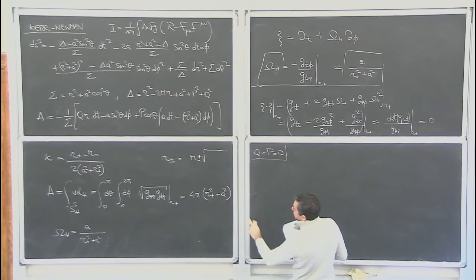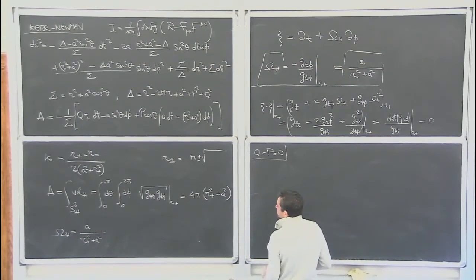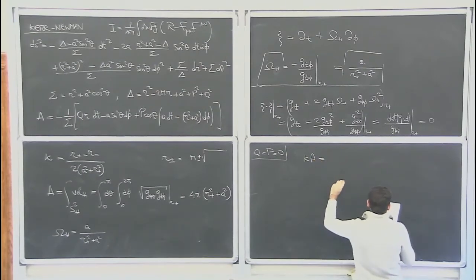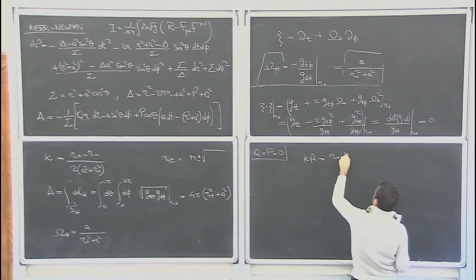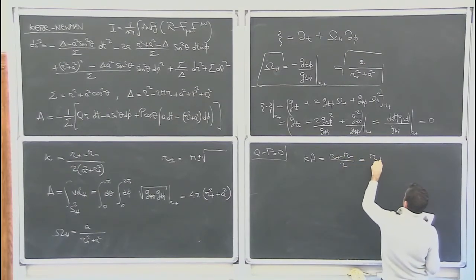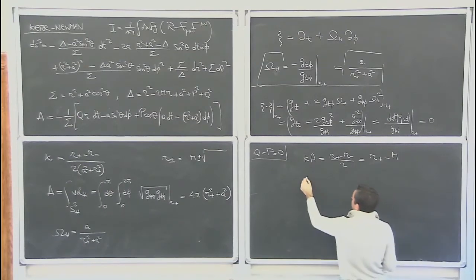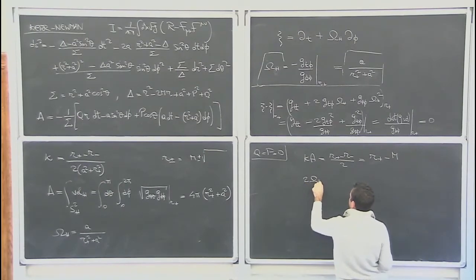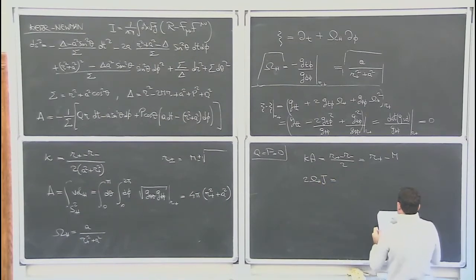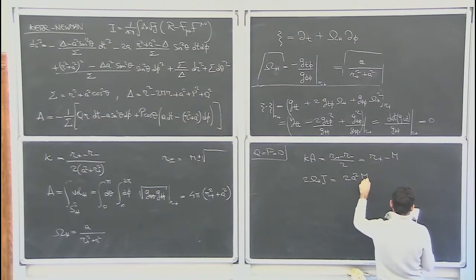Since we have found kappa and we have found A, we can see that the product kappa times A is r plus minus r minus over 2, which is the same as r plus minus m. Let's keep it there. And also we can compute 2 omega J. This is 2a squared m.